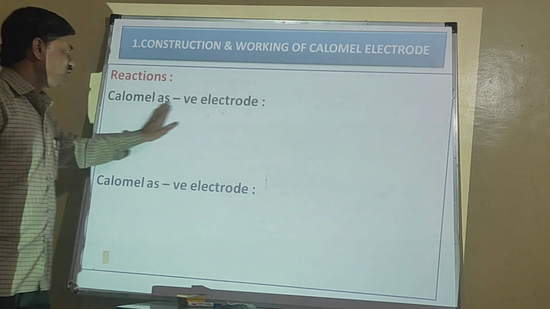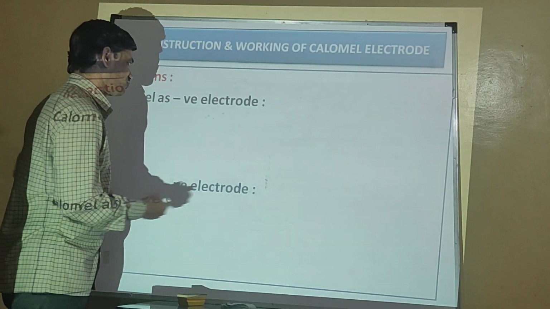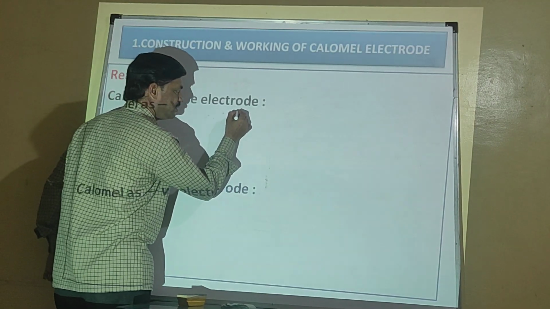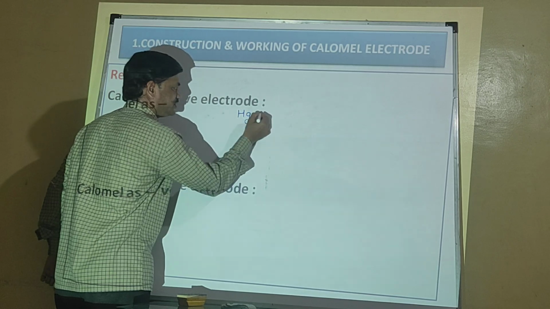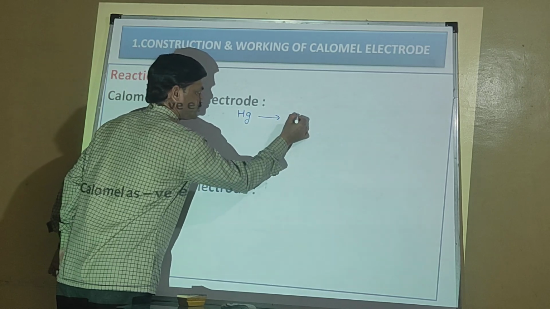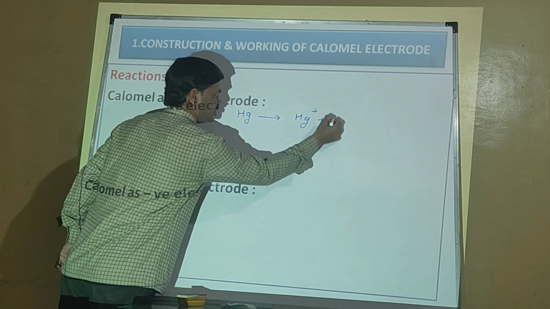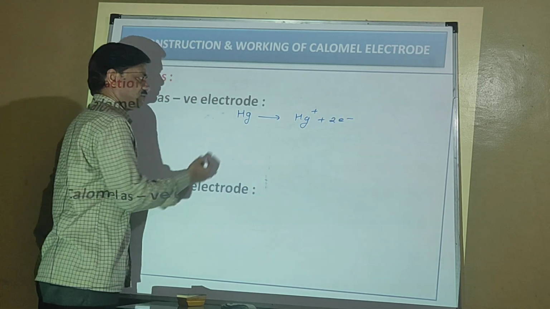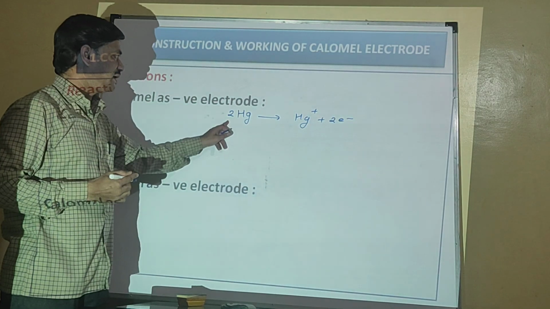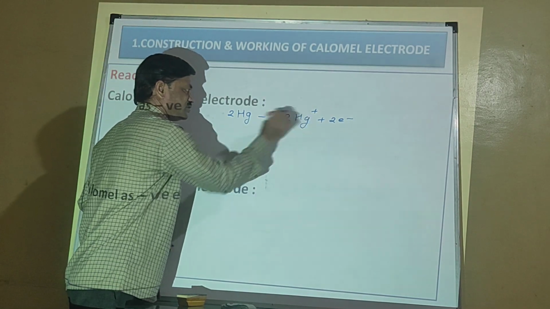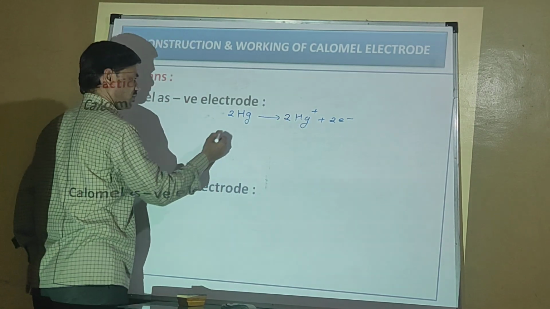What happens when calomel acts as negative electrode? Check this one. Hg gives rise to Hg plus and 2 electrons. So 2 mercury atoms form 2 Hg plus ions, with loss of 2 electrons.